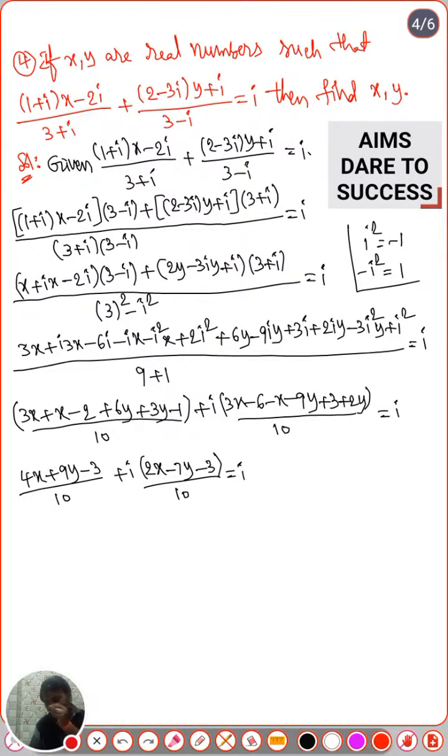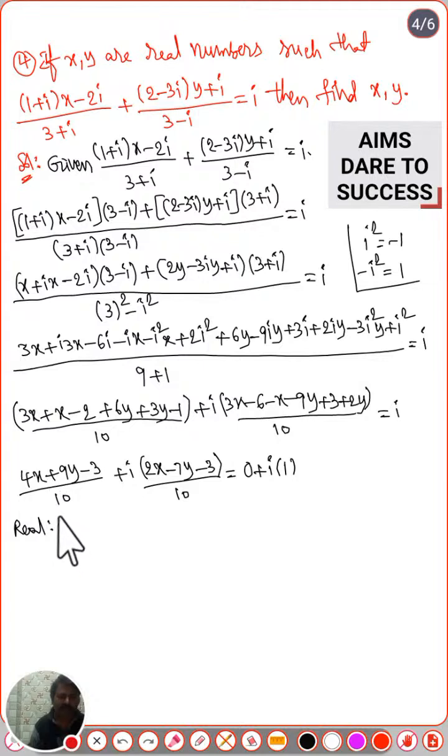Okay, after getting like this, my dear, next what are you going to find? This i can be written as 0 plus i, which is i. Next, i can be written as i into 1. So comparing real part and imaginary part.